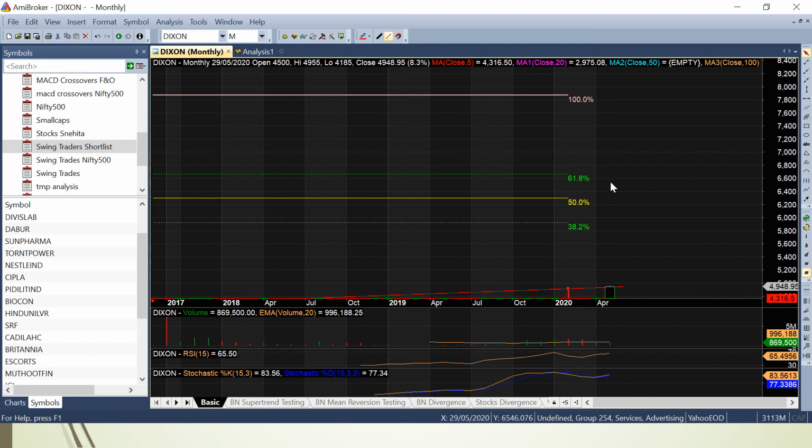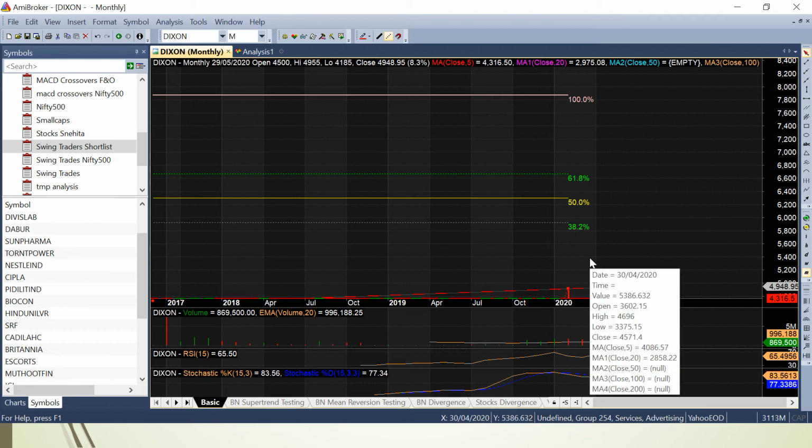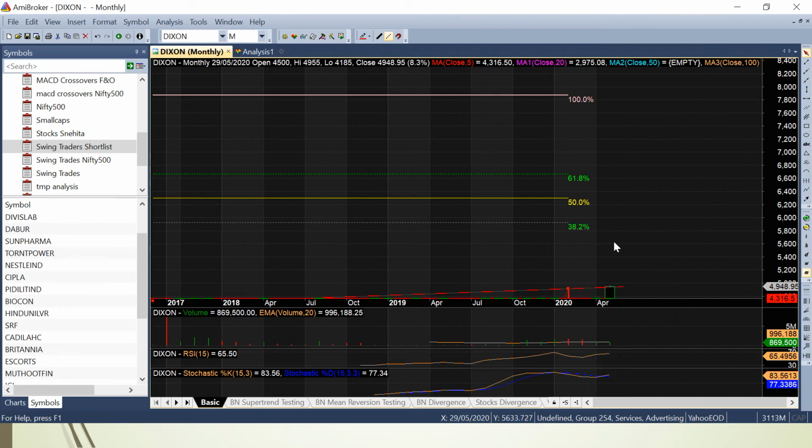Now based on your patience, there is no price history, so you don't know where exactly it will get major resistance. Based on your patience level, you can ride the journey of Dixon Technology on a long-term basis beyond this breakout, right? If you are impatient, you will come out at the 38.2 level itself, and you have to see the price behavior also. I can't tell you right now, but these are the important price levels where you have to be careful and watch price behavior.